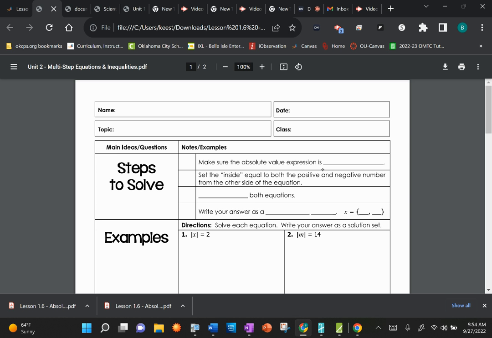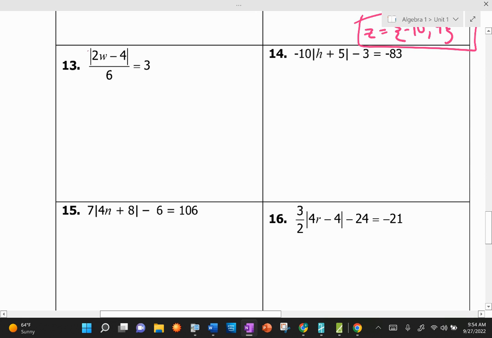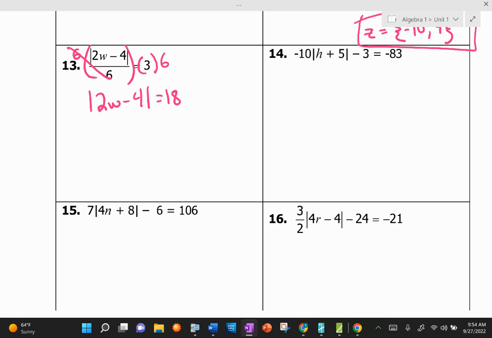We're going to multiply everything by 6. Everything was being divided by 6, so you can multiply everything by 6, just to get the denominator to cancel out.